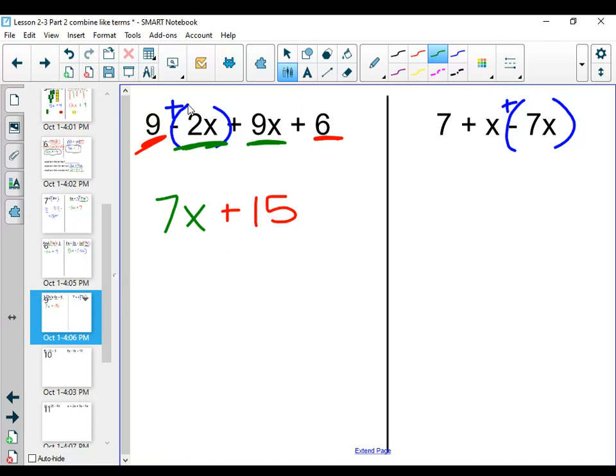Oh, 1 hiding right here. 1 good guy, 7 bad guys. Bad guys win by 6. 7 constants left at the end.